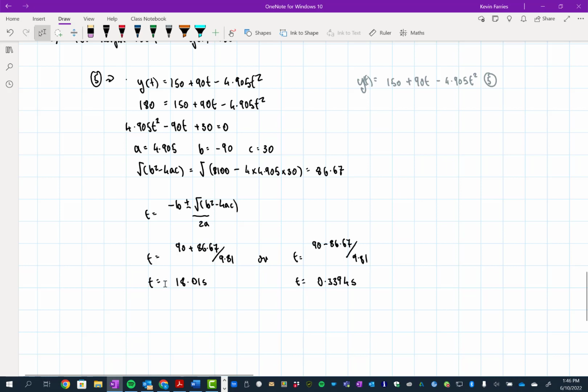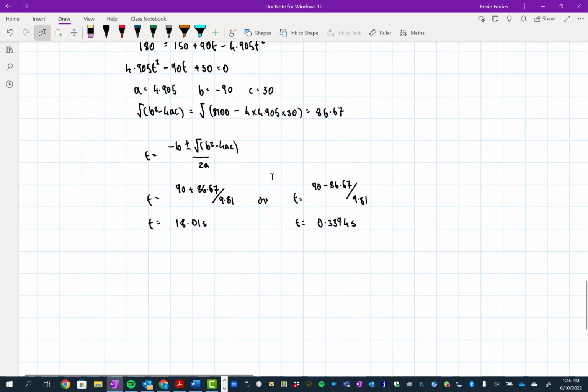So we've got the two times at which it was at 180, but it wanted the horizontal distance. So now we're going to just substitute those values. Because we've got these two values here, I'll just call them T1 and T2. So to get the horizontal distance, sub T1 and T2 in.